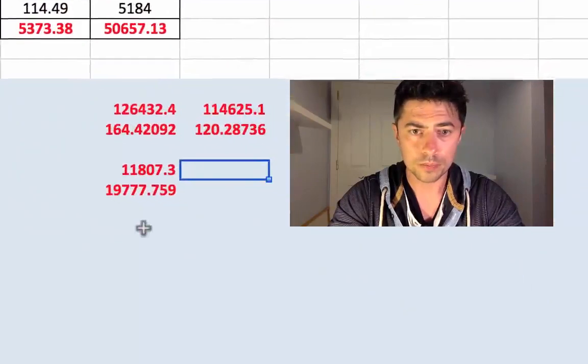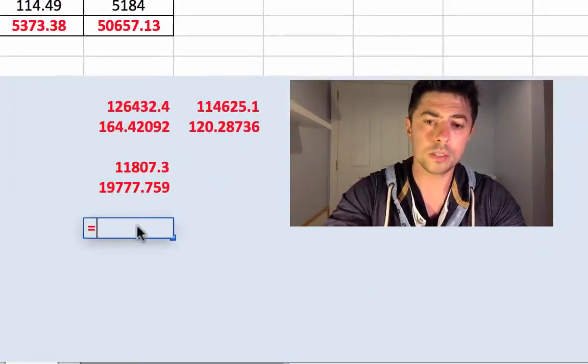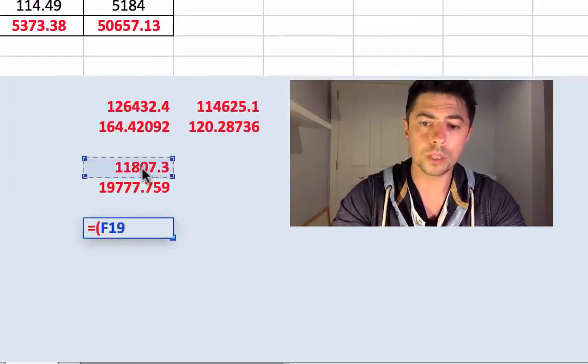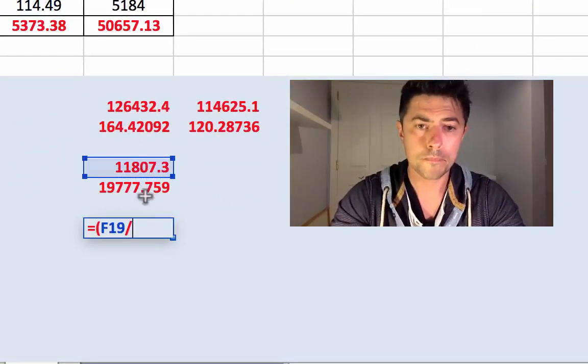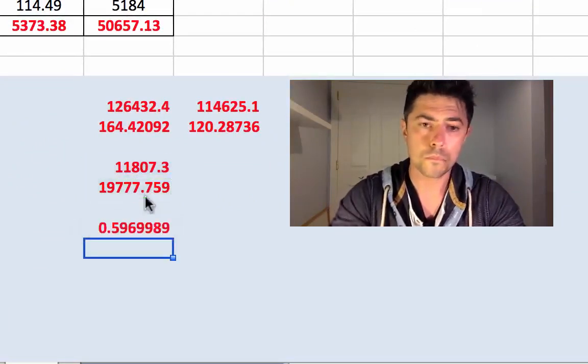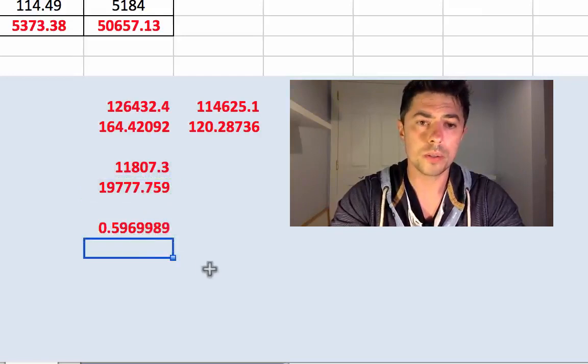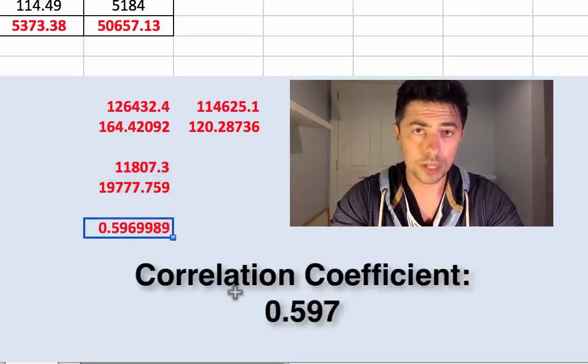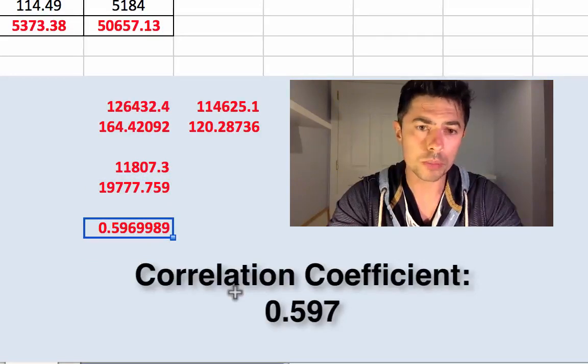And finally, we'll get our answer when we divide one into the other. And there we have it: 0.5969. Okay, we don't put that as a unit of measurement. That's just written as a scale, like from 0 to 1.